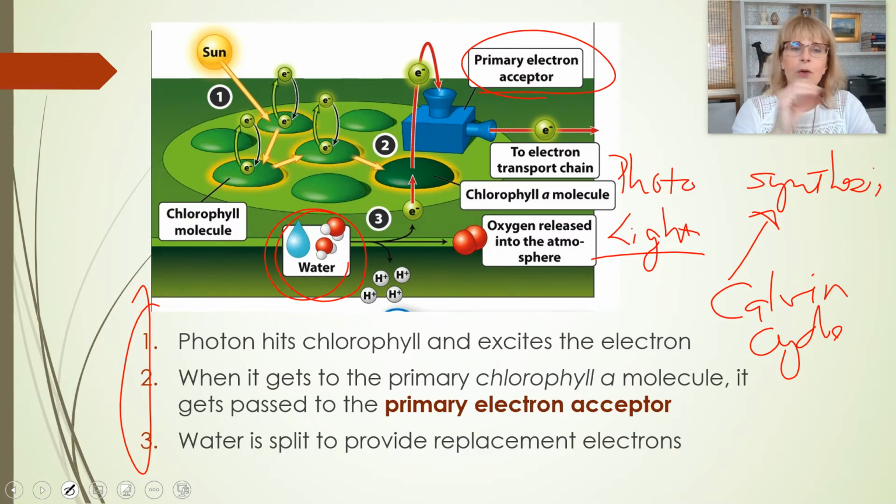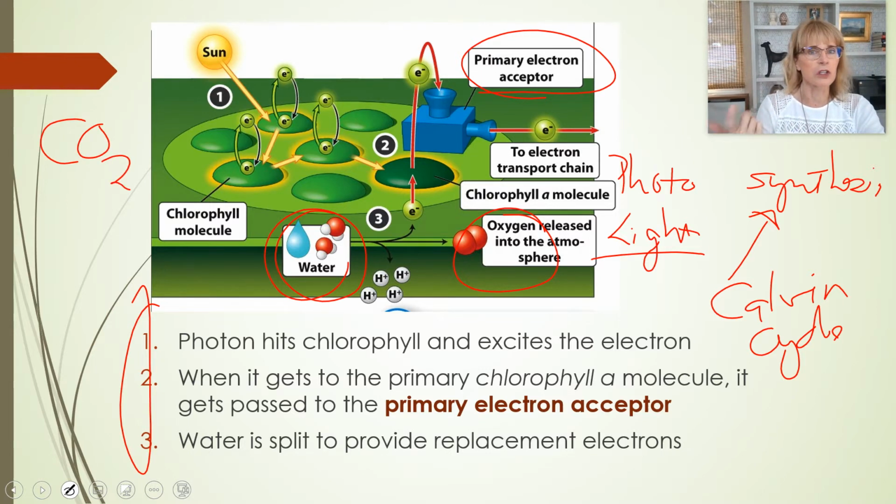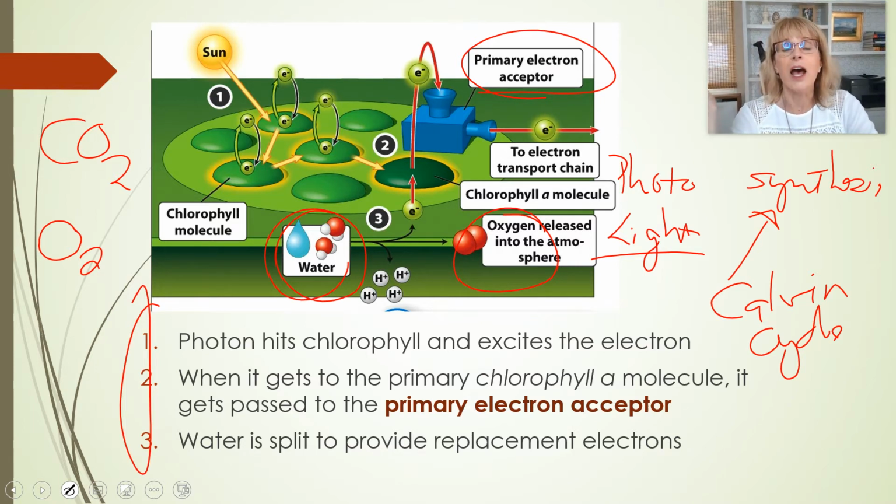Okay, so water. And water, when it's broken apart, it'll turn into electrons, hydrogen ions, and then oxygen. So when students look at CO2 being used by this process, and then they see that oxygen is made by this process, I can completely understand how, if I ask you, where does the oxygen come from?